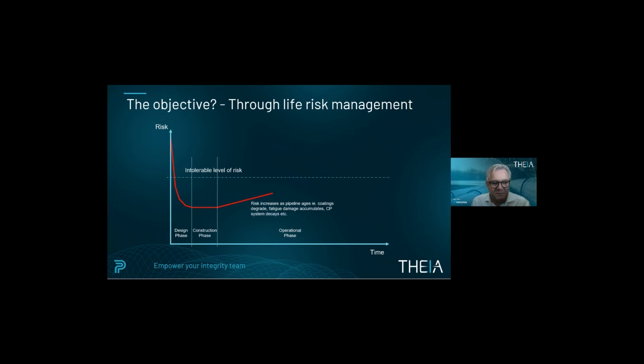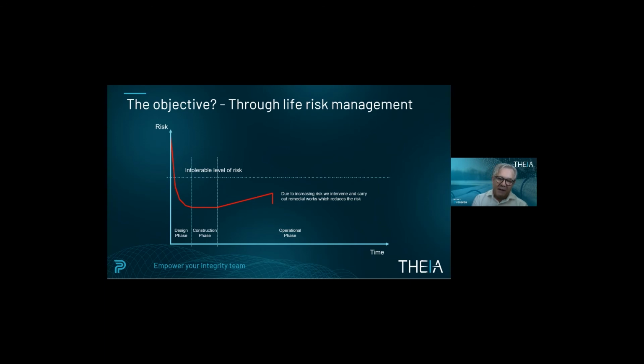During that phase, nothing much changes. Your future predicted risk is the same. And then you go into operation, and whilst in operation, this is where you start to get degradation. The horizontal dotted line is what we consider to be an intolerable level of risk. And at some point, you intervene, and that could be depressurization, that could be undertaking a repair, or in fact, inspecting alone.